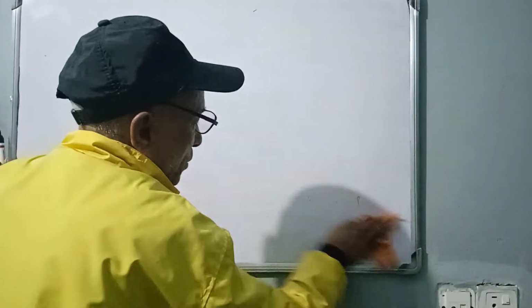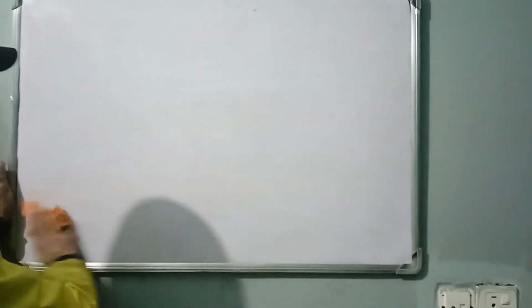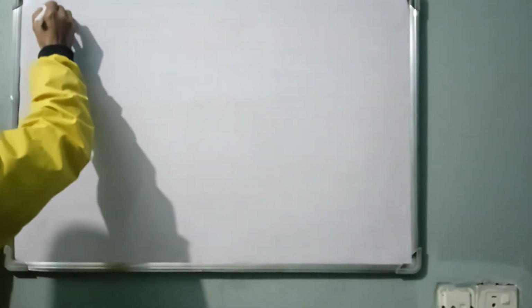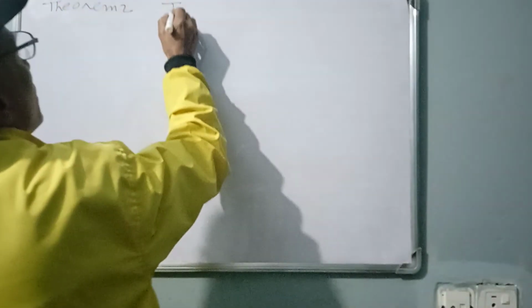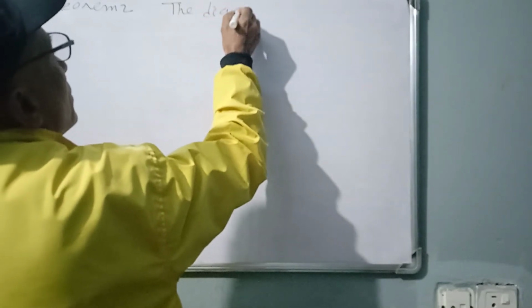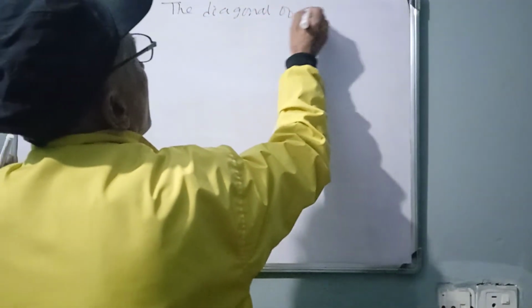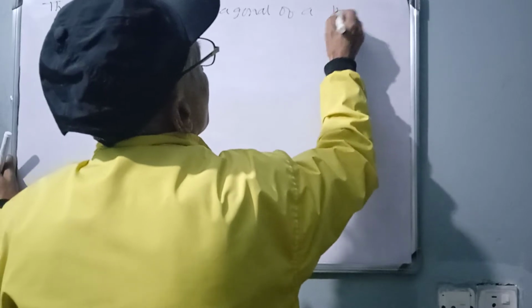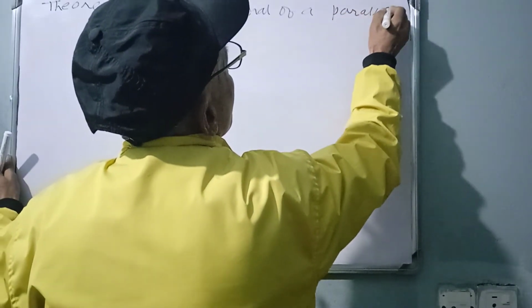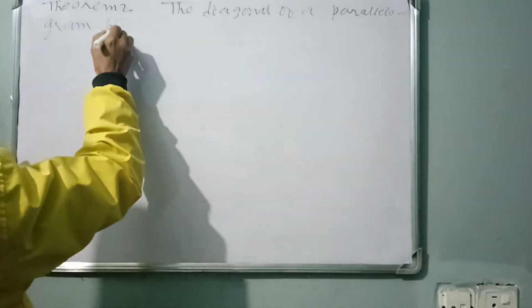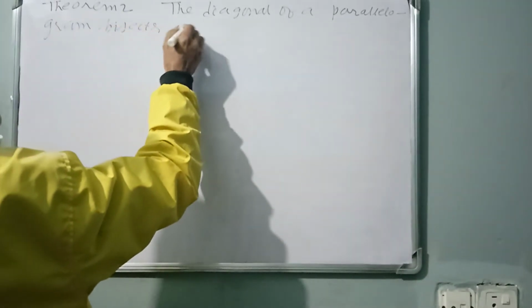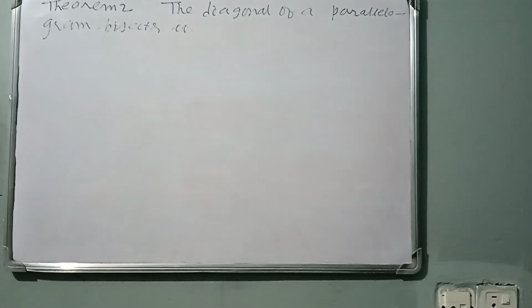This is for our next theorem. The diagonal of a parallelogram bisects it, which is very easy.